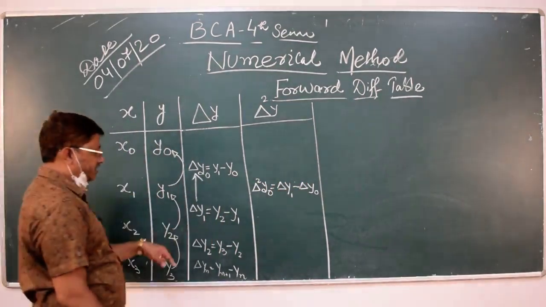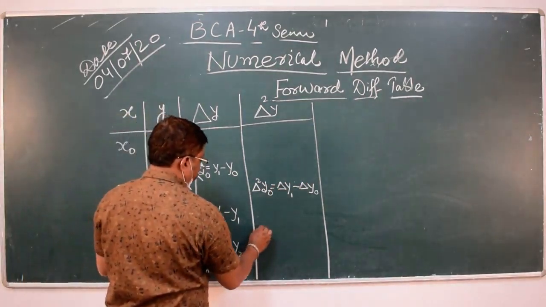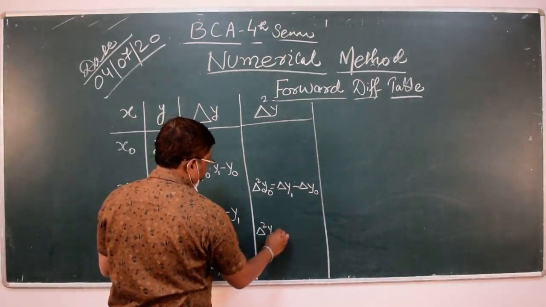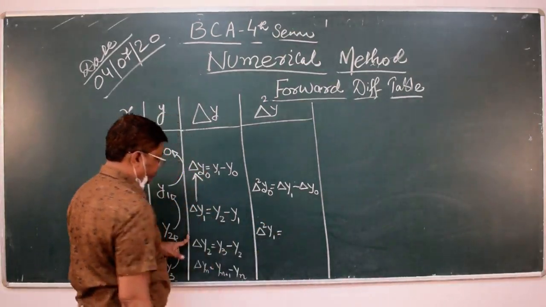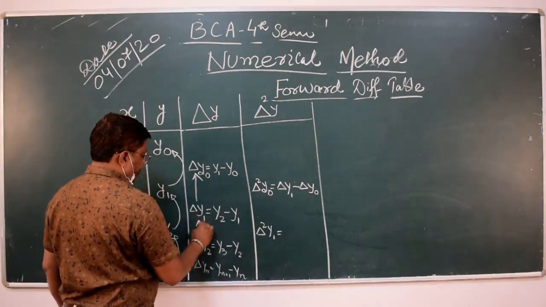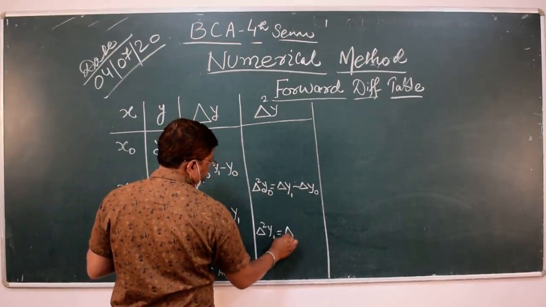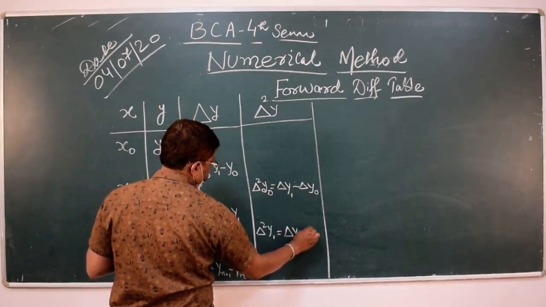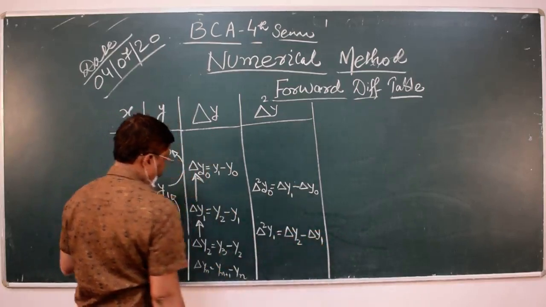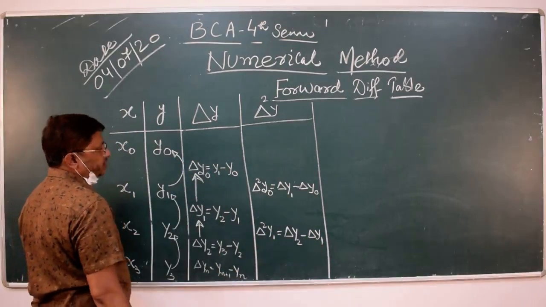Now for the next value, delta square Y1 is equal to delta Y2 minus delta Y1, and so on.